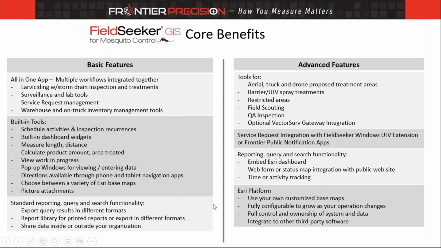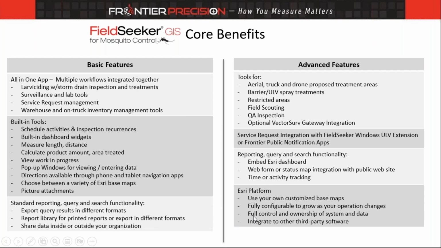And then I guess most importantly, we chose the Esri platform for the basis of FieldSeeker so that you can use your own customized base maps if you're already using ArcGIS. And this also gives a way that the system is totally configurable, so you can grow and change as your operation grows and changes.